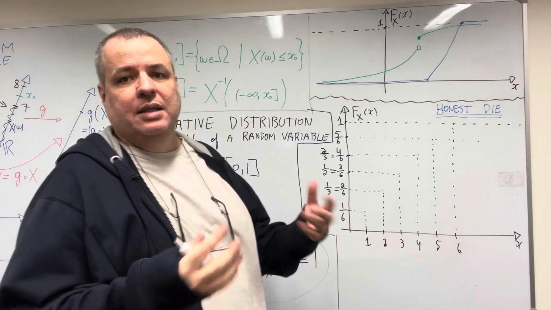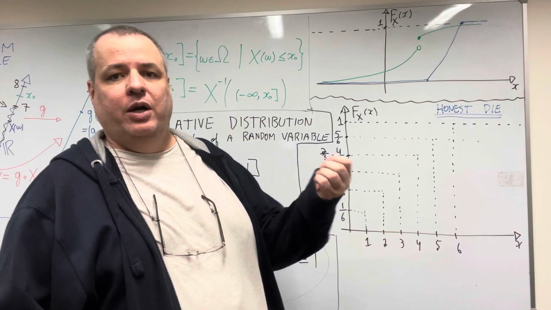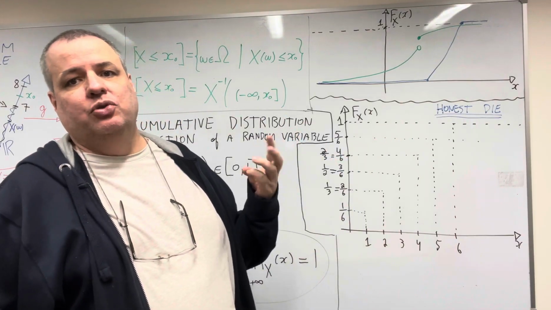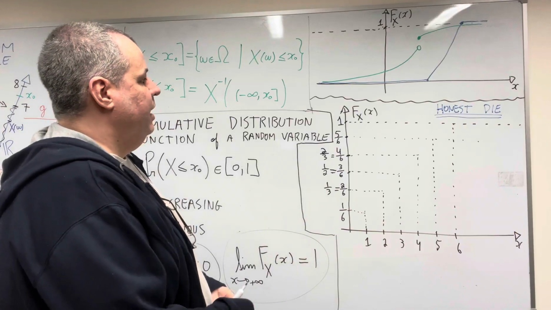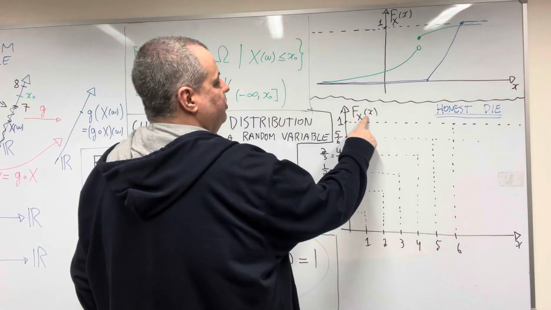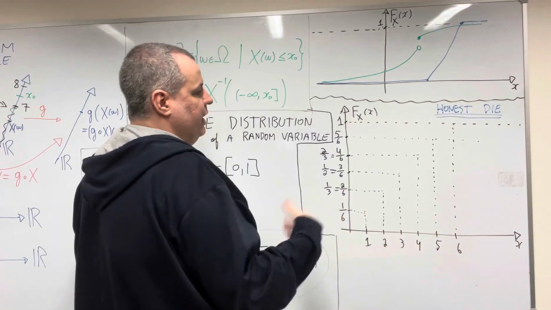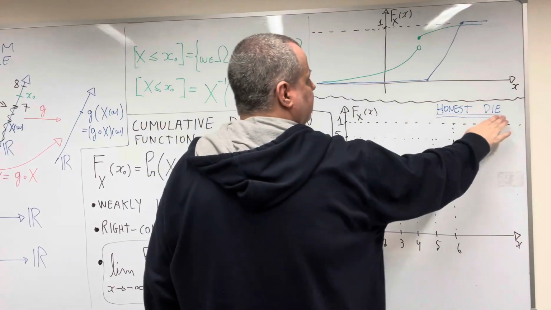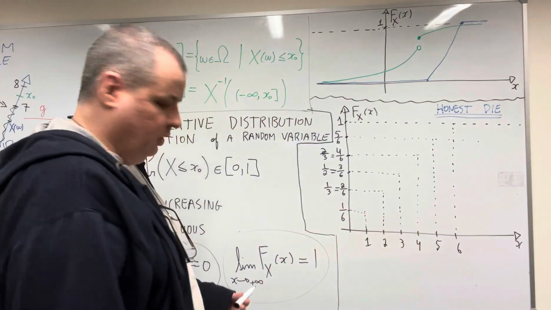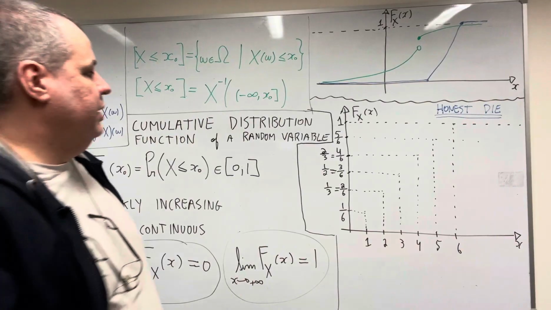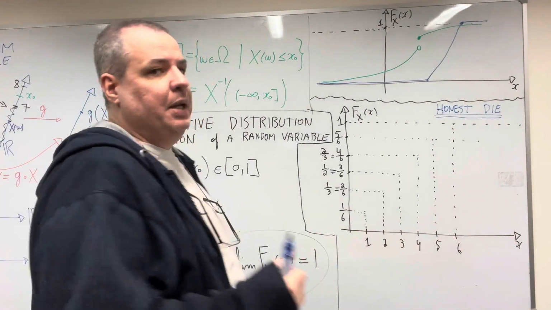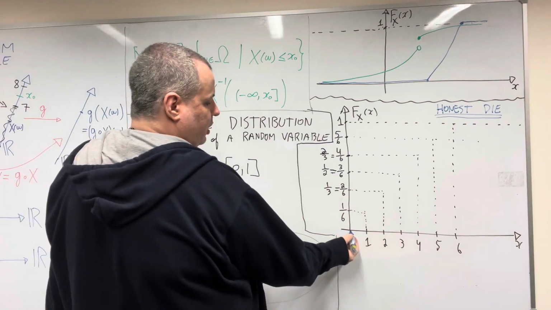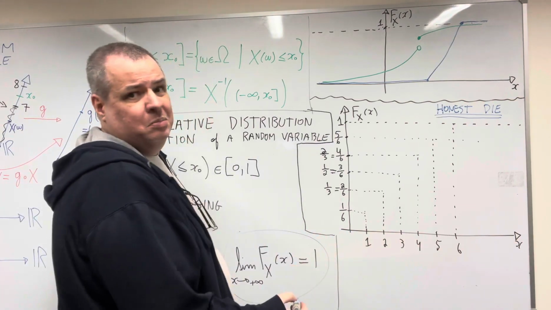So let's work in detail our main example where you throw an honest die. The outcomes can be 1, 2, 3, 4, 5, 6. And I'm plotting the cumulative distribution function of this random variable, the outcome of an honest die. So what's going to happen? What is the probability that when you throw an honest die, your result is smaller or equal to 0? It's 0.